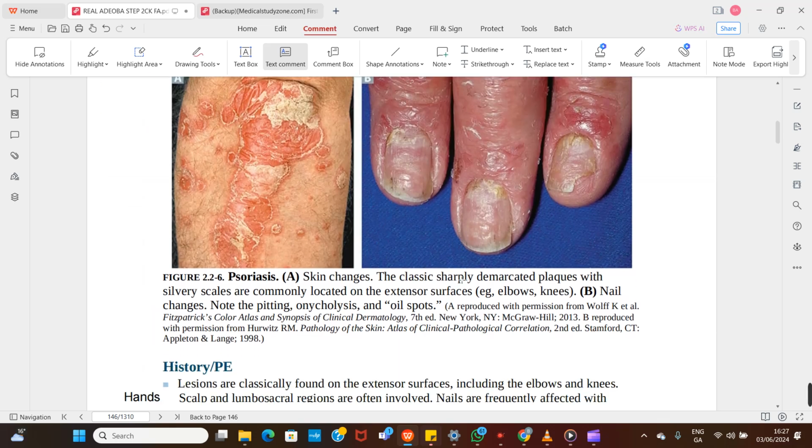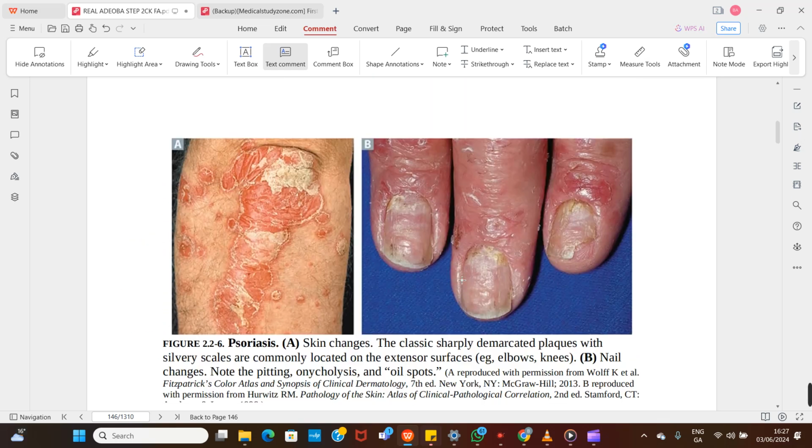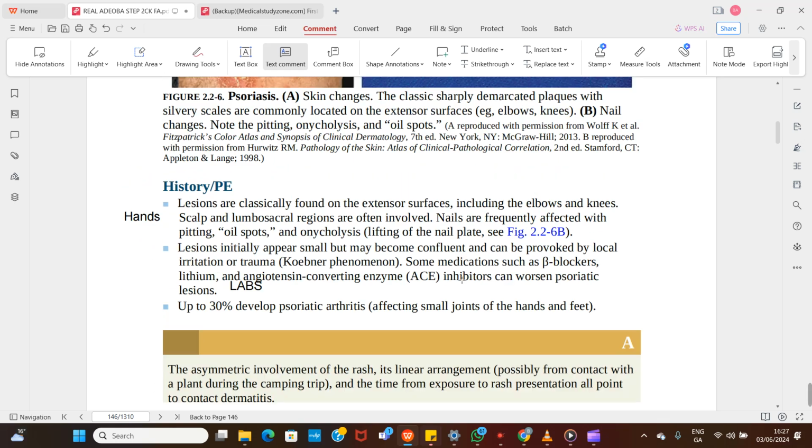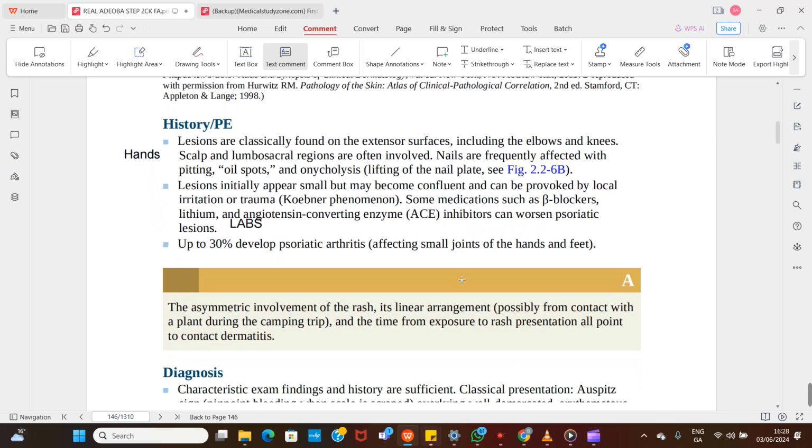So you notice that the lesions will affect the small joints of the hands and the feet, in which you are going to see individuals complaining of pain, swelling, particularly within the wrist, the metacarpophalangeal joints of the hands, and the proximal and distal interphalangeal joints of the hands. They are going to complain of pain, swelling, and stiffness of those areas. And most of the time, they are going to have some disfigurement of the joints.